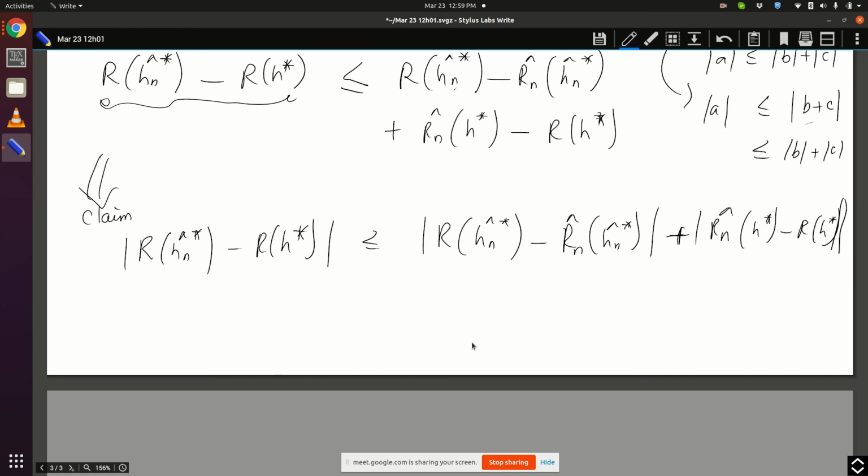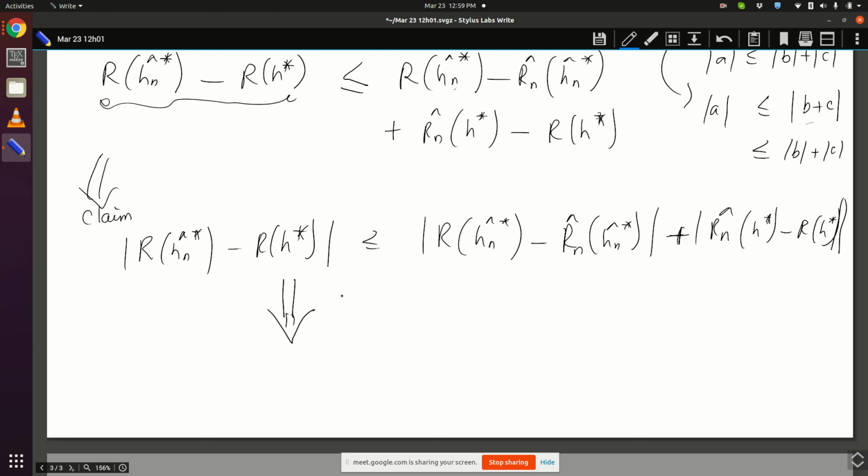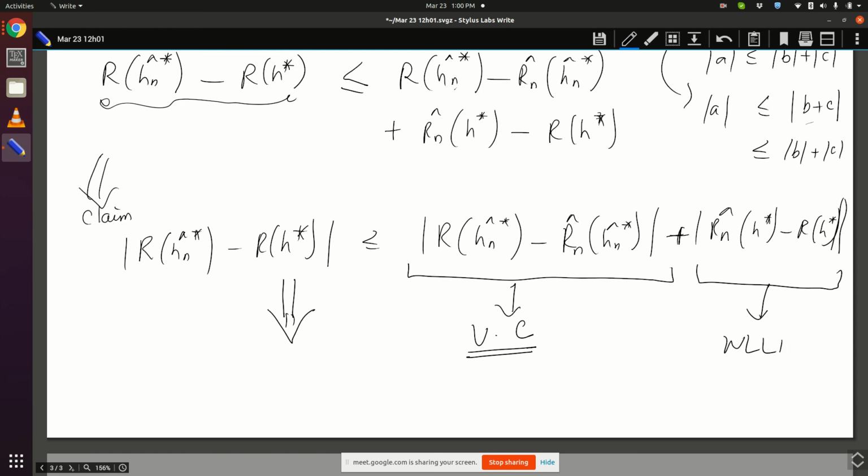Now I will leave this for you to do. It is available in my last year's lectures, if you want to see it. But from here we can just prove it. In this place we will use uniform convergence. This is actually true by the weak law of large numbers. So what is the idea?